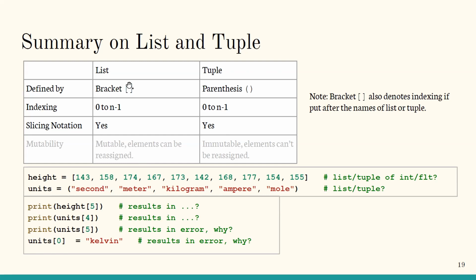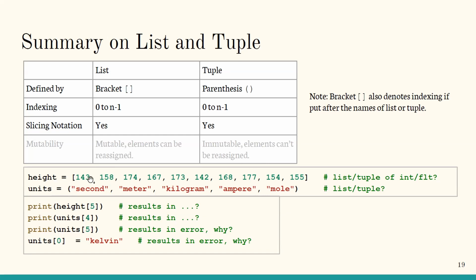For list, you use the square bracket, and for tuple, you use the round bracket, and they have the same indexing and same slice notation. The only thing that is different is that one of them is mutable, the other one is immutable. We don't use tuple a lot actually, but I want to introduce that to you also.